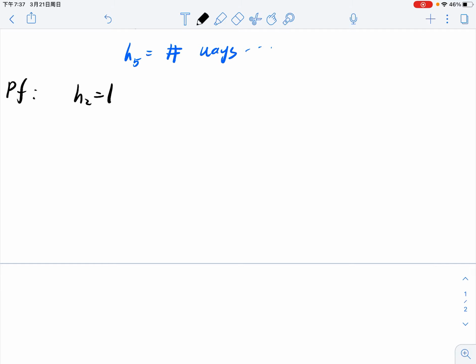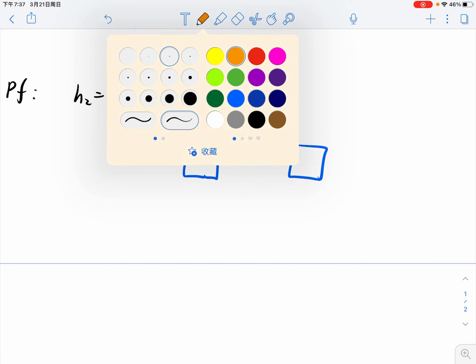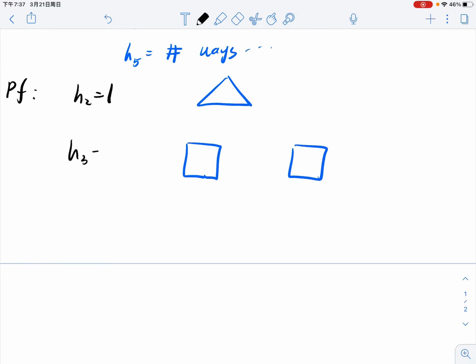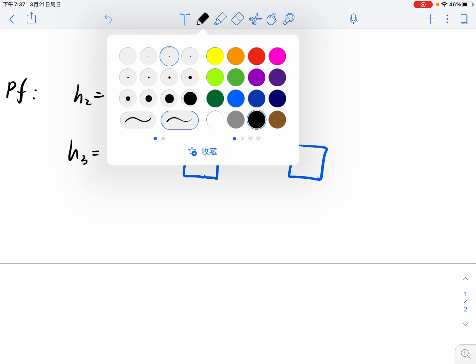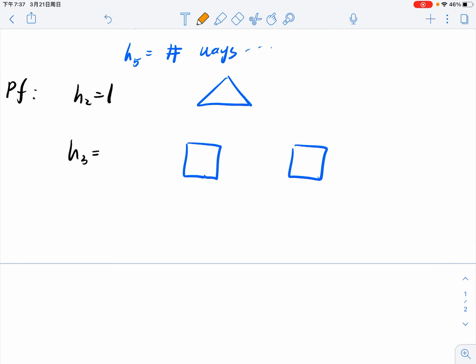For H2, we know that this is a triangle, so you don't need to do any cutting anymore. Therefore, H2 is 1. And for H3, note that for the square or the rectangle, you can connect the diagonal with a positive slope or connect the diagonal with a negative slope.